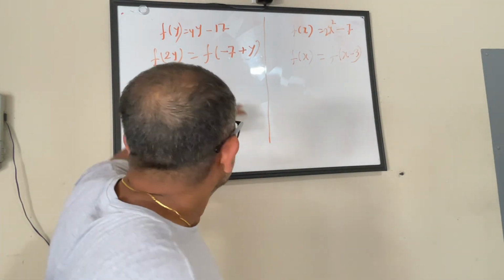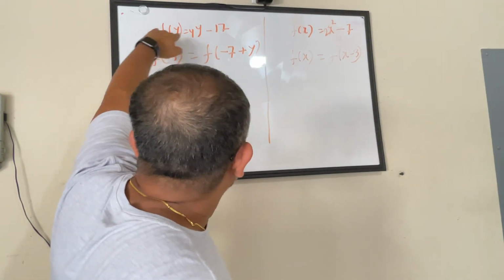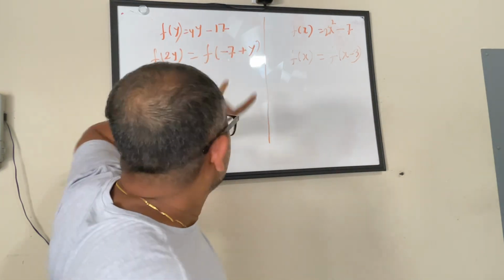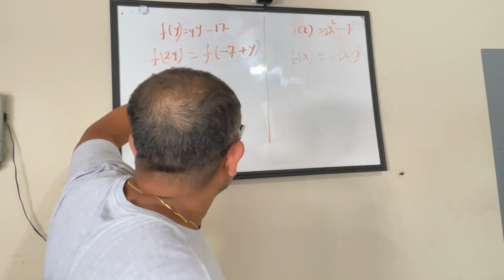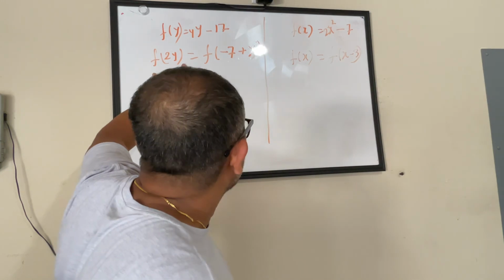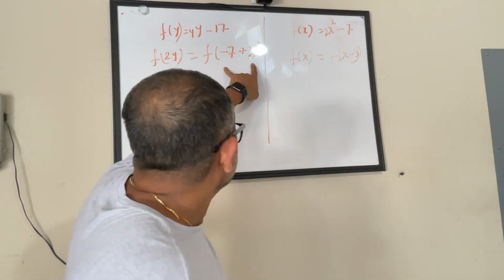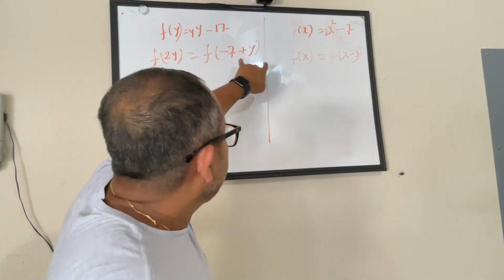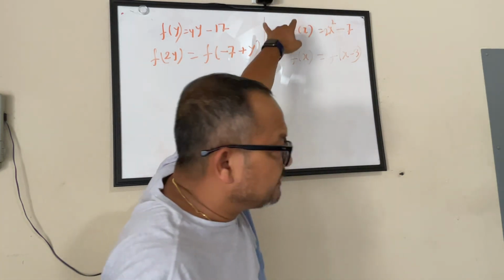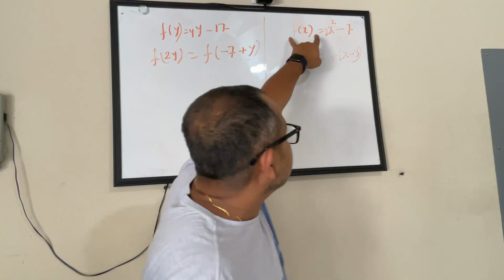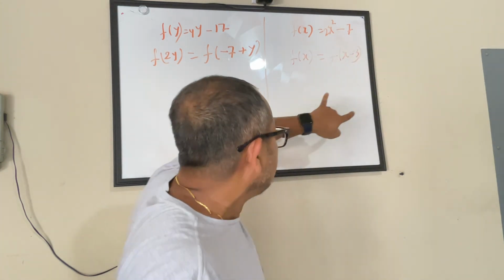There are two sums. Function of y equals 4y minus 17. Find out the value of y for which function of 2y will be equal to function of minus 7 plus y. That is one. And the second problem is function of x equals 2x squared minus 7.